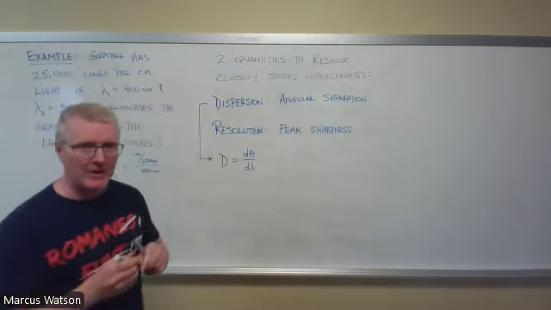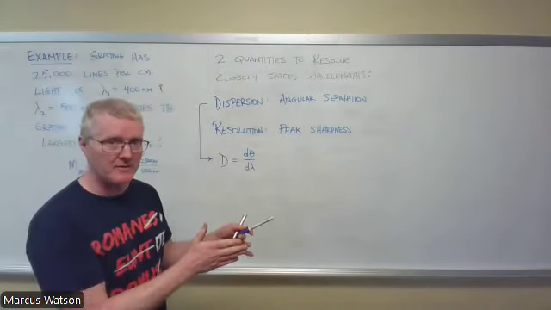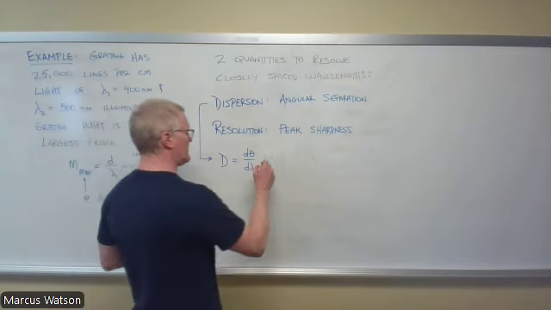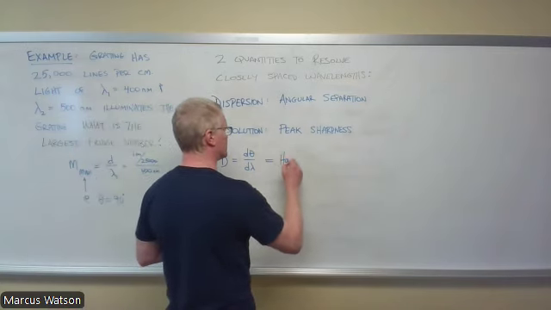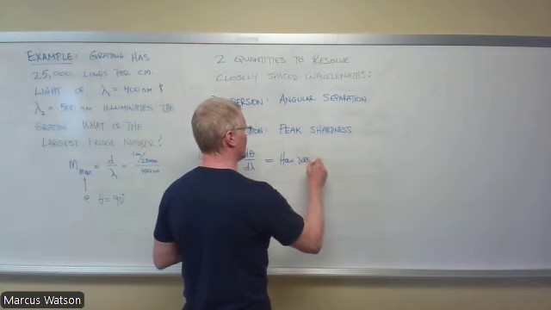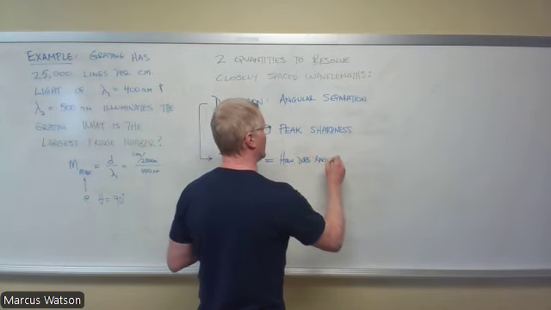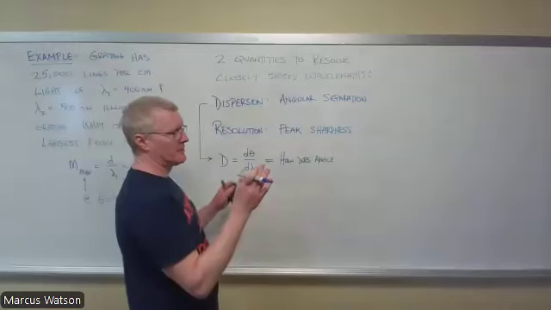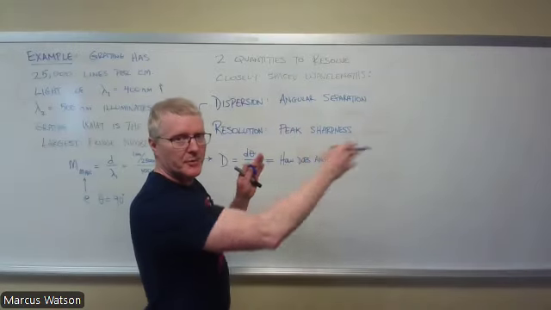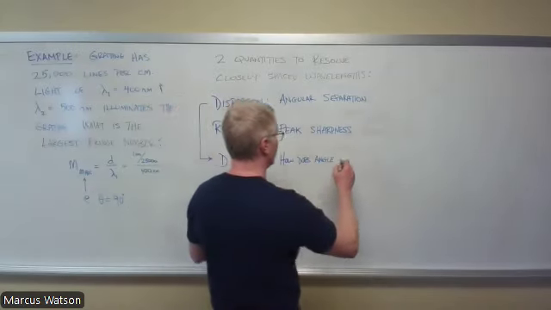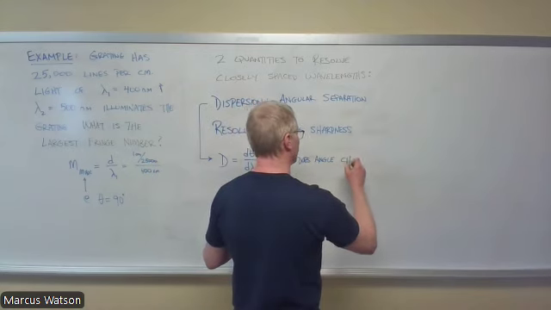How does the angle change with wavelength? So can we put different wavelengths through and get them pushed away from each other? How does angle change with wavelength?